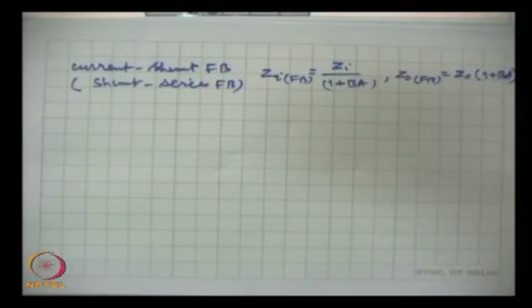And all these modifications are by the factor 1 plus B A. A is the gain of the amplifier without feedback, known as the open loop gain, and B is the feedback factor or the gain of the feedback network, and this can be calculated.